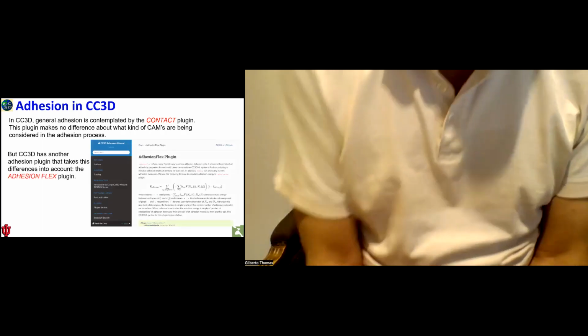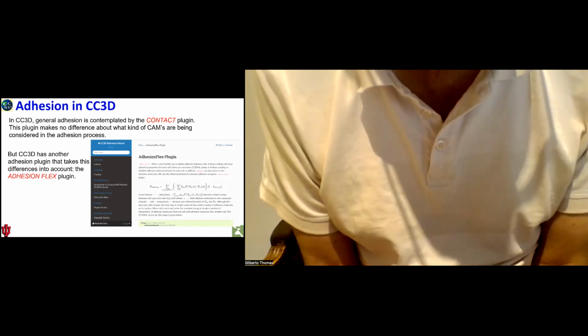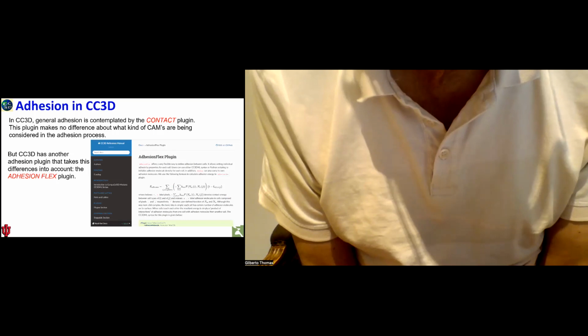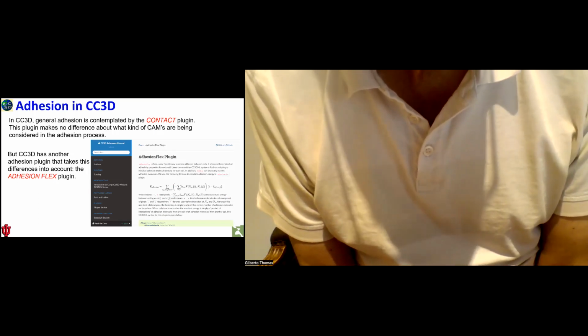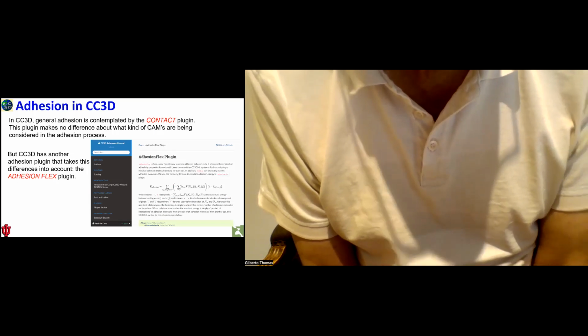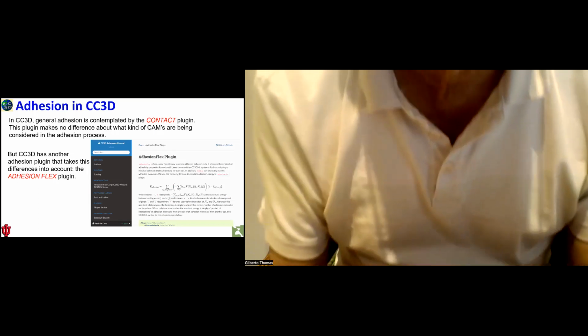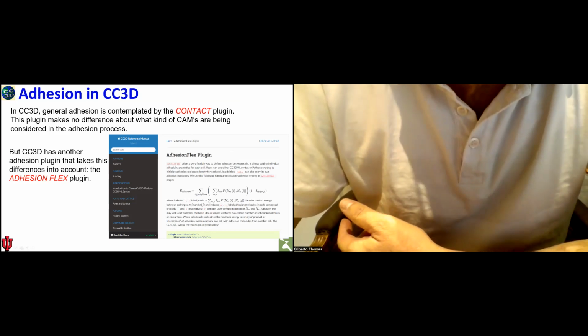Now, we are going to introduce another plugin, which is called the Adhesion Flex plugin. It is described in the CC3D reference manual, in the documentation part of the web page, and it has this expression here.